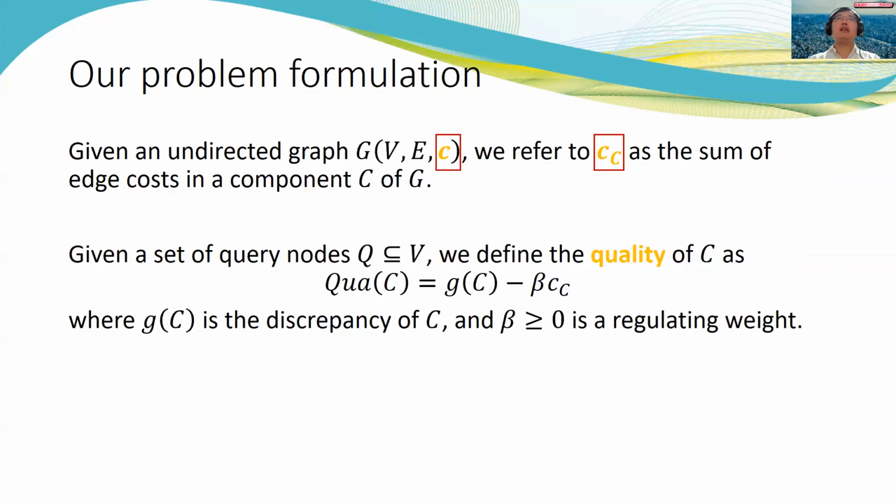Then, given a set of query nodes Q in V, we define the quality of component C as the discrepancy of C minus beta multiplied by c(C), where beta is a regulating weight. It can be seen that a high quality component should have a high discrepancy and a small total edge cost.